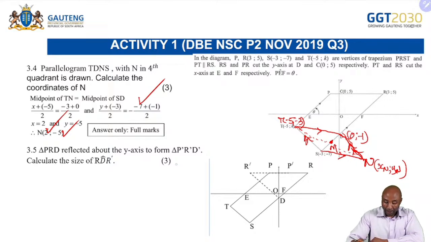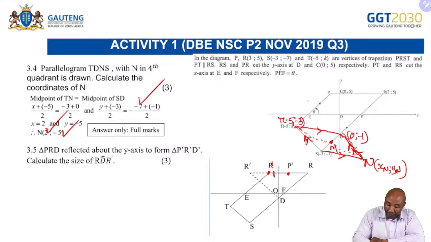Now, remember, a reflection is a mirror image of that particular point. And we are aware that if I reflect P about the y-axis, I know the distance from here to that point there is the same. You are able to see that the coordinate that is changing is the x value.